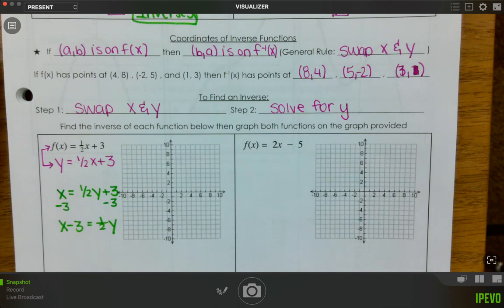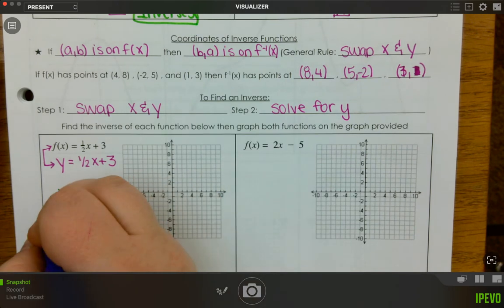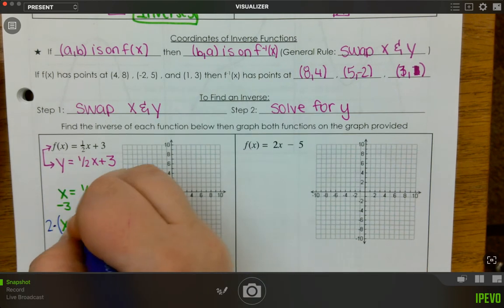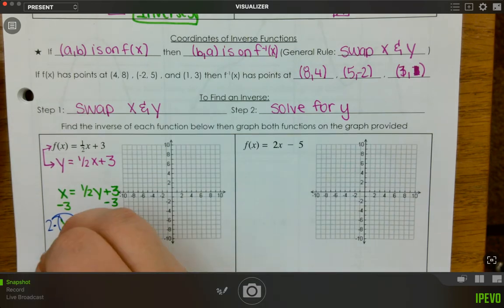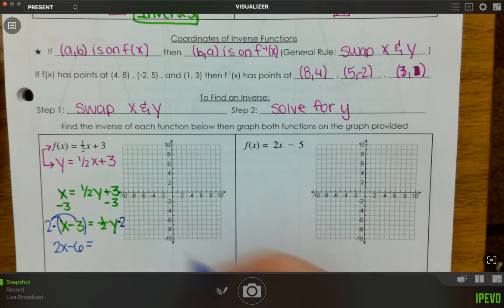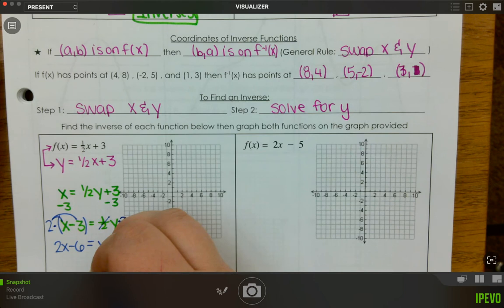And then to get rid of the 1/2, we need to multiply by 2, because 1/2 times 2 is 1. But when I multiply that 2 over here on the left side, I have to multiply it to this whole thing. So that'll actually be 2x minus 6 equals, and then this 1/2 and the 2 cancel, and it's just y.